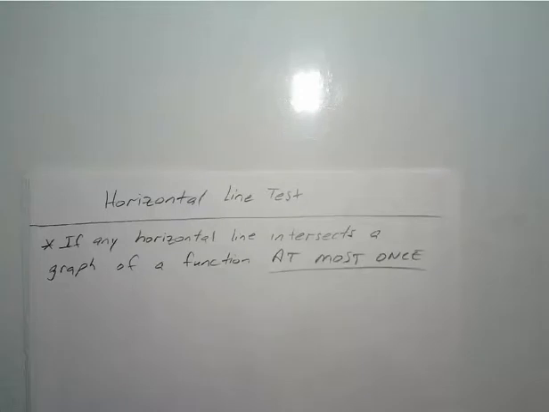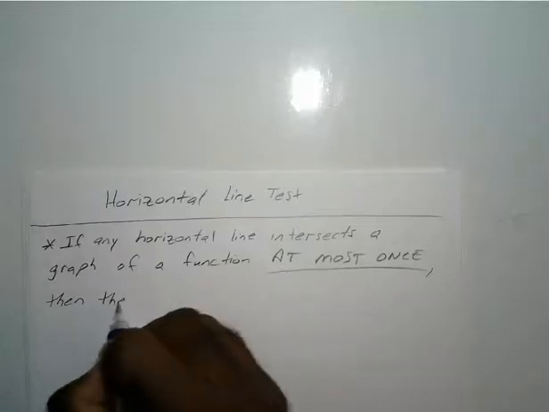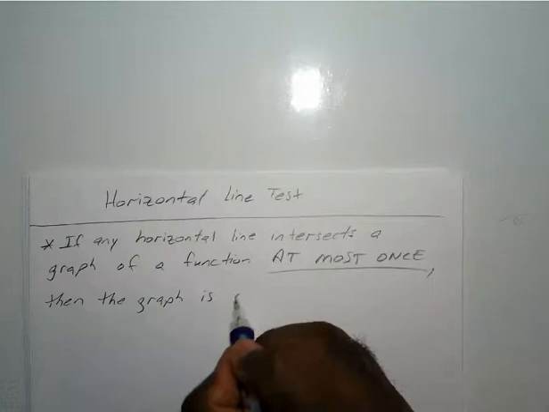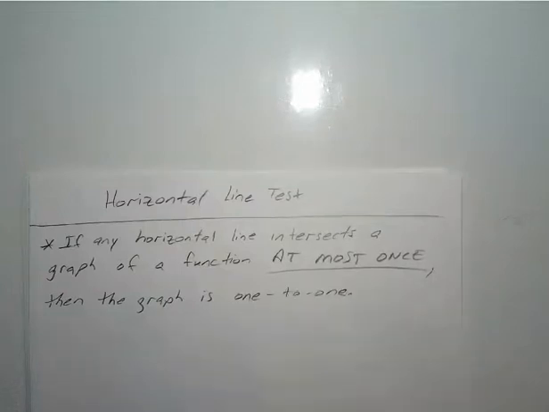Okay, that's the key there. That means if you draw a horizontal line, if it only crosses the graph no more than one time, then the function is one-to-one, or then the graph is one-to-one. Okay, that means you draw a horizontal line, it cannot cross that graph more than one time. So at most, it's going to cross it once.